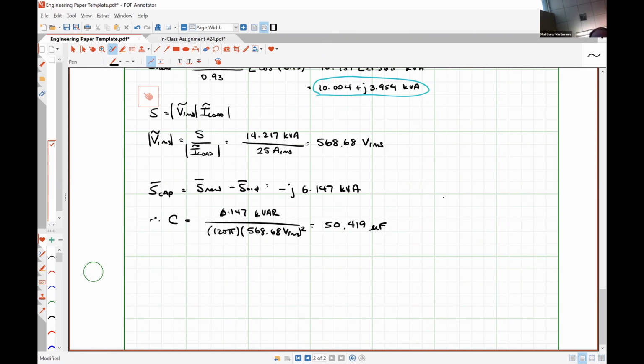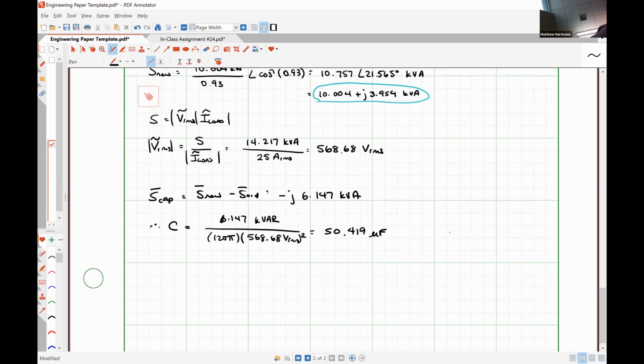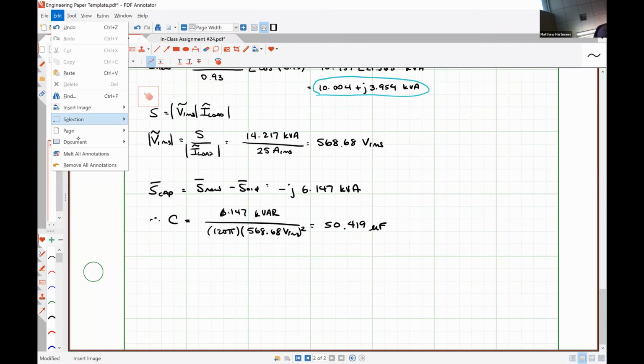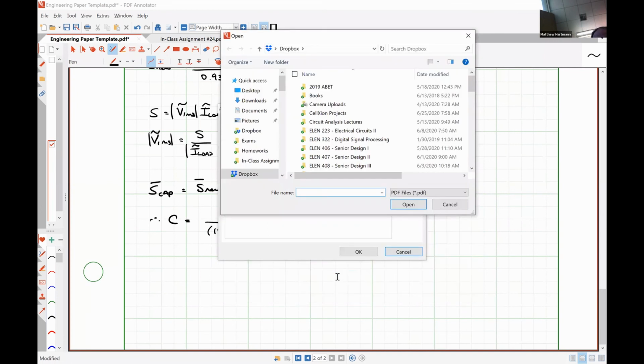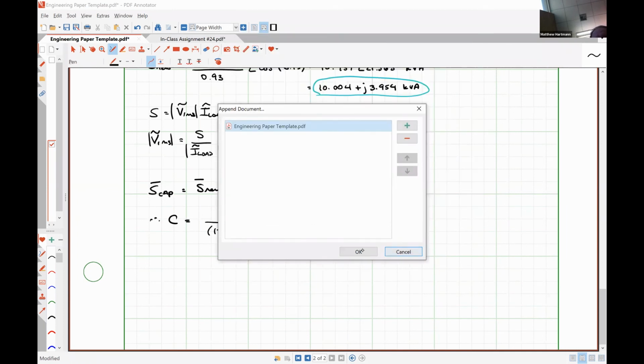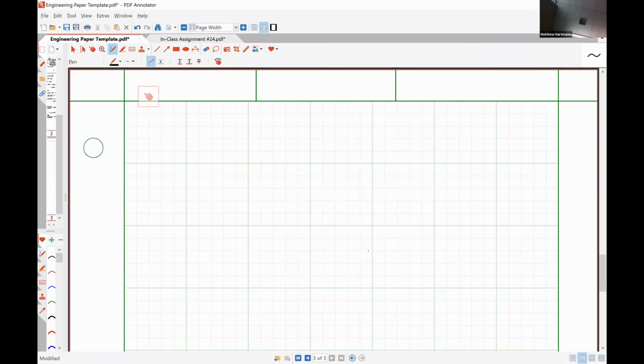Let me give myself a new sheet of paper here. All right. Give me just a moment, and I'm just going to pull an op amp problem from one of the tests I posted for you guys. I just got to find one.